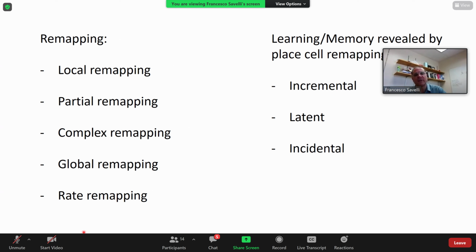If you learn something, that changes the behavior. But you can change something in the brain. So the representation of place cells can produce these different maps in different environments. And it is also incidental, because it occurs in absence of an explicit reward.